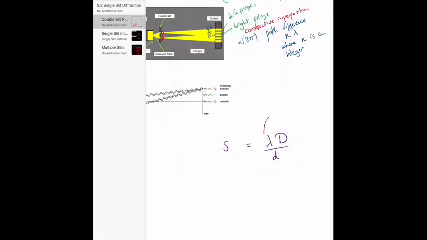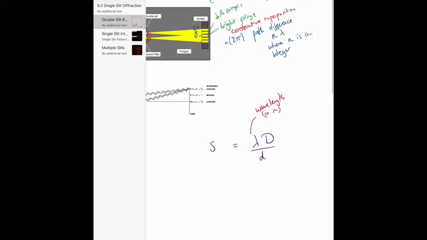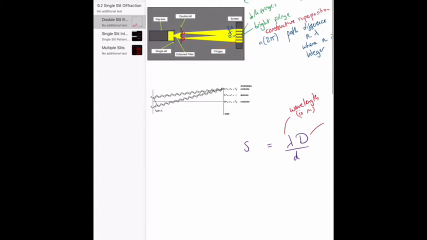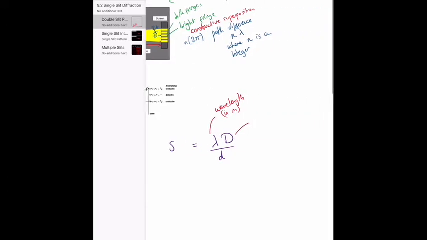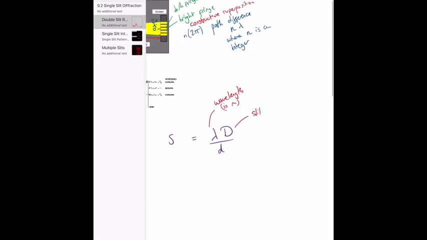Lambda is obviously your wavelength in metres. Big D is the big distance, so that is the distance from the slit to the screen. We call that the slit to screen distance, again measured in metres.